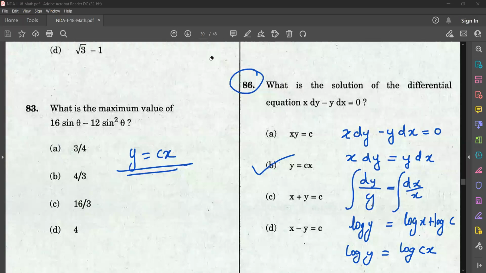Take all y's to one side, all x to the other side, then just integrate both sides. Okay. Now go to the next question.